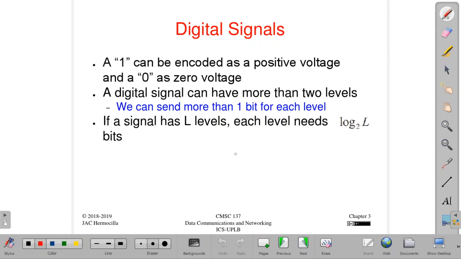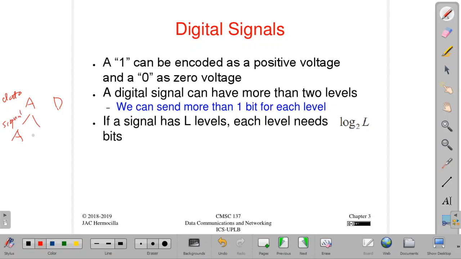So remember that if we have an analog data or a digital data, we need to convert them to either an analog signal or a digital signal. So this is data, this is signal.